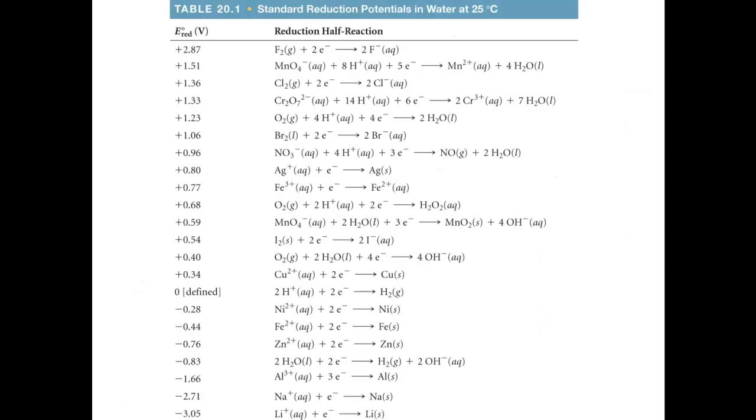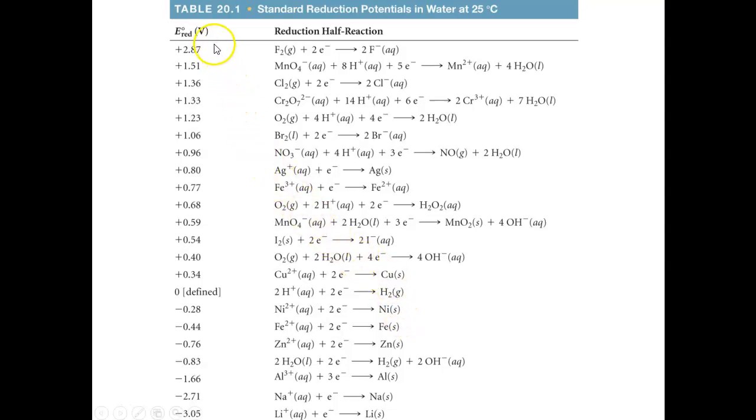So let me just show you that this Table 20.1, which is from your textbook, is actually a distillation down of what is called Appendix E in the back of your book. And these are what are known as standard reduction potentials. Standard reduction potentials basically tell you how easy it is for a certain reduction half reaction to occur.